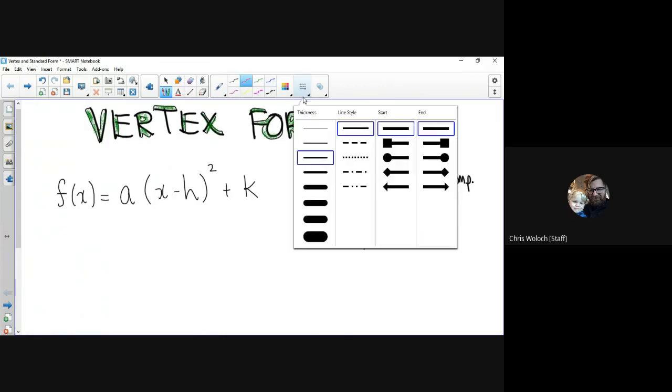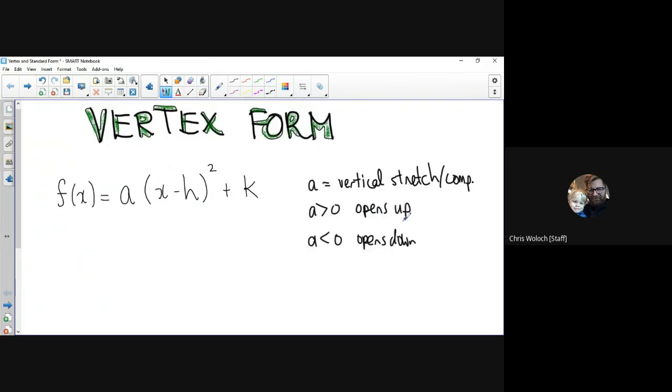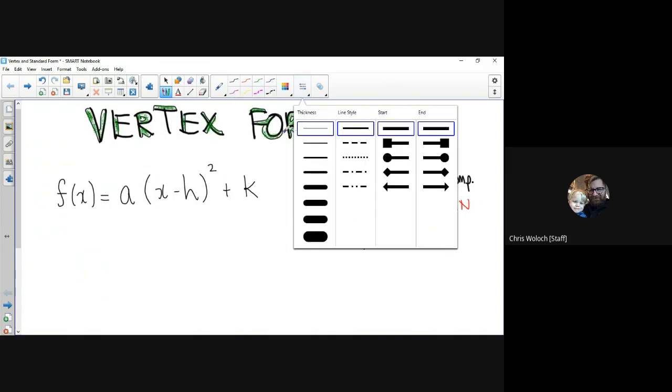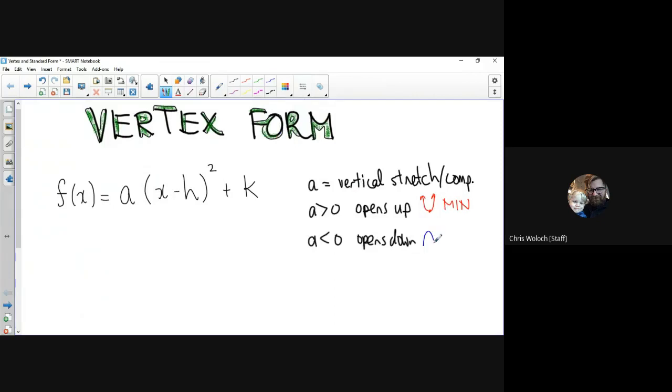Now, one kind of new thing that we emphasize is that if a parabola opens up, like this, then it has a minimum, a min, and if a parabola opens down like this, then it has a maximum, or a max, okay?